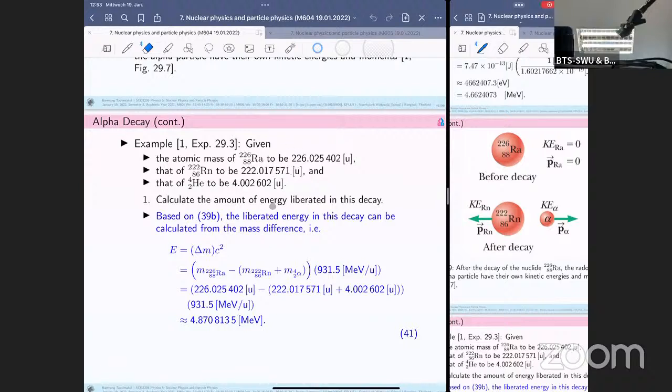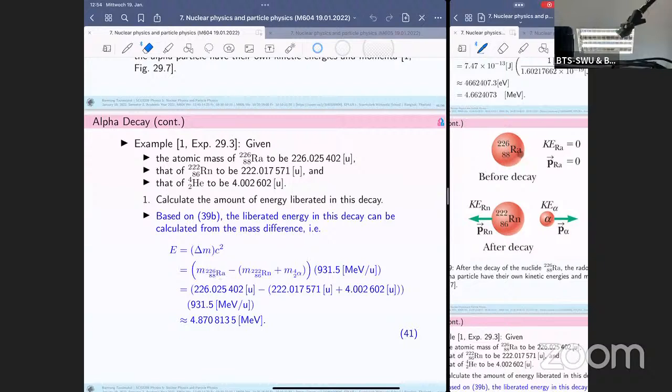So the way to do it is the following. You just find the mass difference. It's given by the mass of the parent nucleus, which is the mass of radium 226, 88 here.